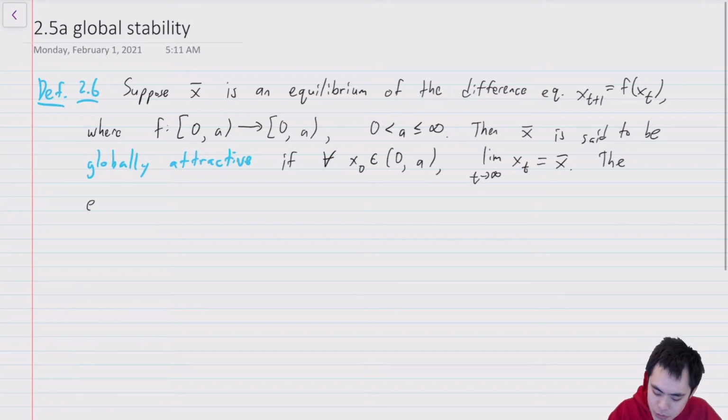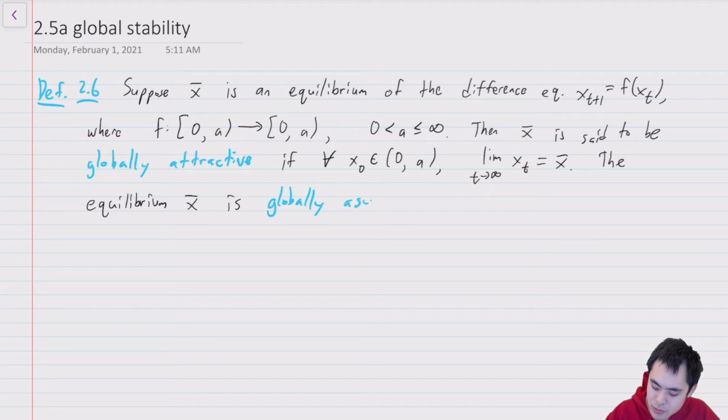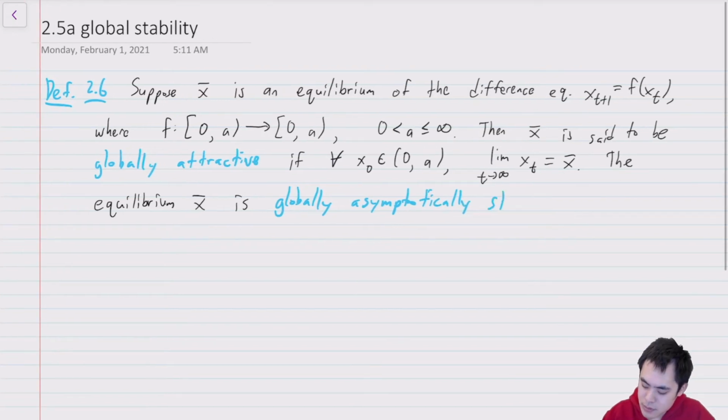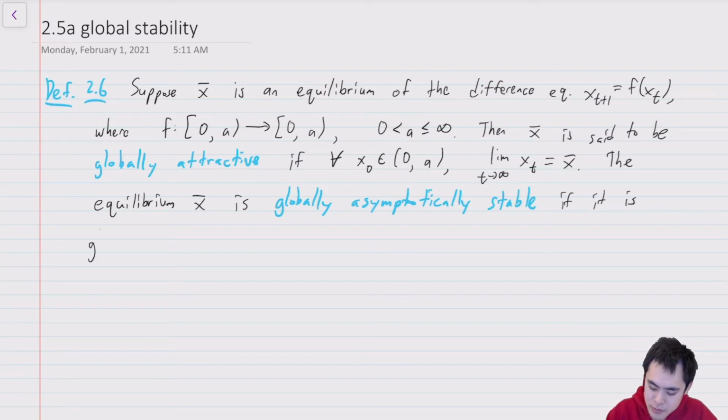And furthermore, we're going to call the equilibrium x bar globally asymptotically stable if it is globally attractive and locally stable.